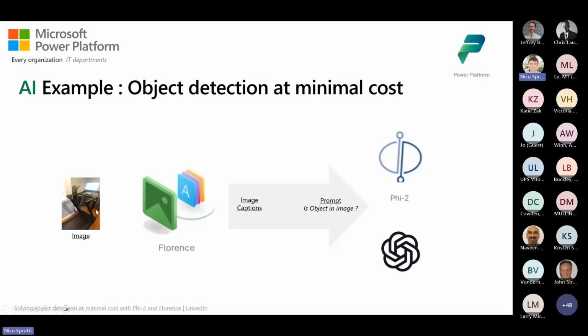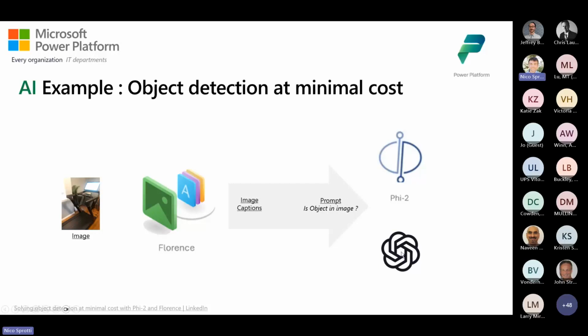To do that, we take an image and use the Florence vision model, which is one of the latest Microsoft vision-to-text models, and is available as a service on Azure AI Vision. We take an image, feed Florence, and from there we get text, image captions. Then we take the captions and prompt a good old text-to-text LLM. We'll feed those captions and prompt two LLMs.